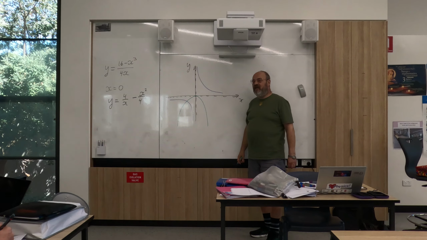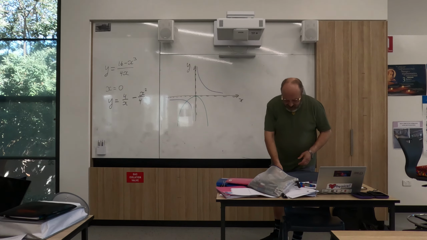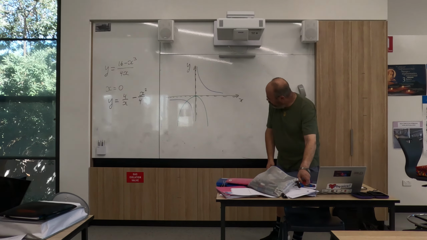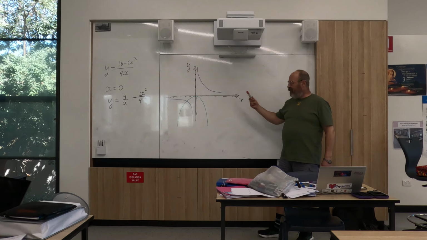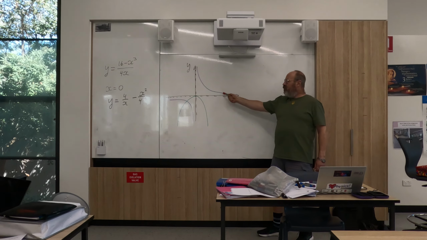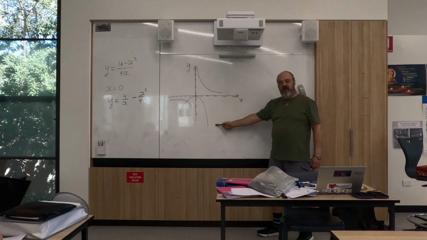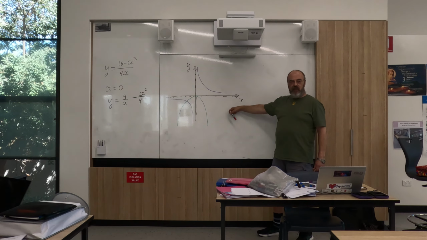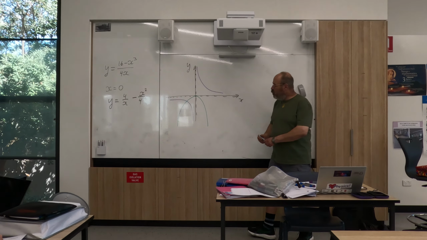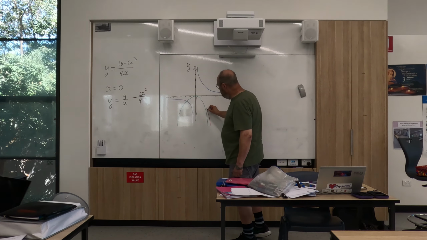Now let's think about what we will get when we add them. When x approaches infinity, this becomes very, very small, and this becomes very, very big negative. So the sum of them will be very, very big negative, and the graph here will go like this.